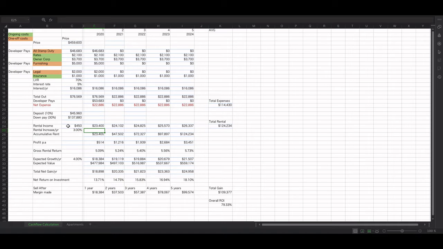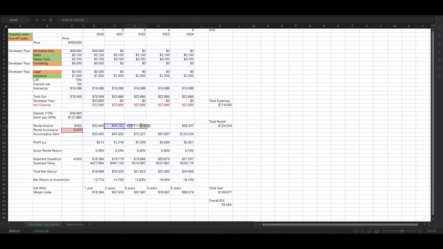Now, the rental income doesn't just stay the same every year. Usually, as part of the tenancy agreements, the rental increase on a year-by-year basis is 3%. So your first year is going to be 450 times 52 weeks, and your second year is going to be your first year times 1.03, in other words, your first year plus another 3% of it.